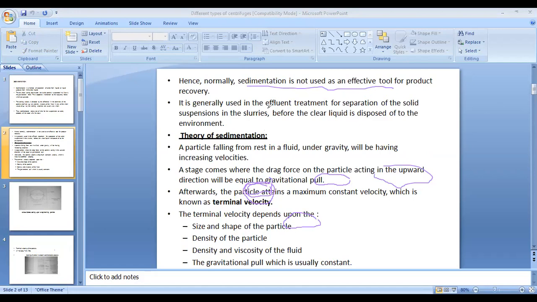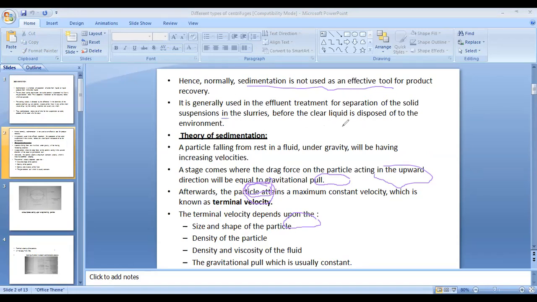If you want to release the effluent to the environment, before releasing it you need to separate the suspended solids from the slurry. At that time it is useful.